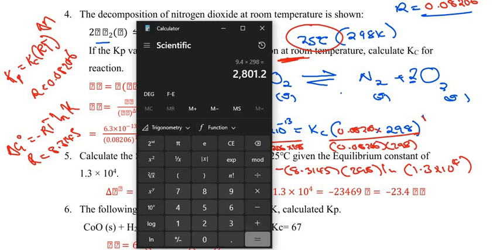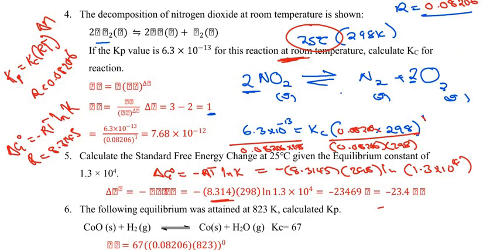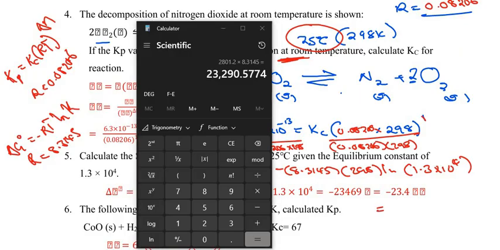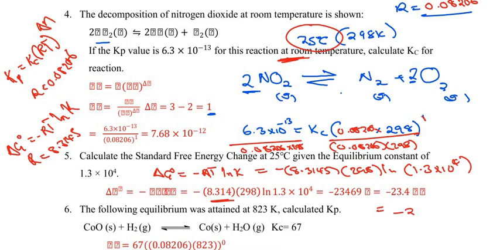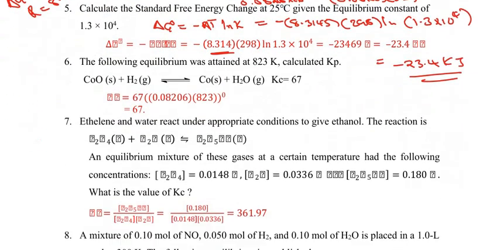Then multiplied by your 8.3145. You get something like this. This is what they've gotten here. So this is your negative. That's 23, so you can say this is the same as negative 23.4. This is in kilojoules. Yeah, so that's your number 5.